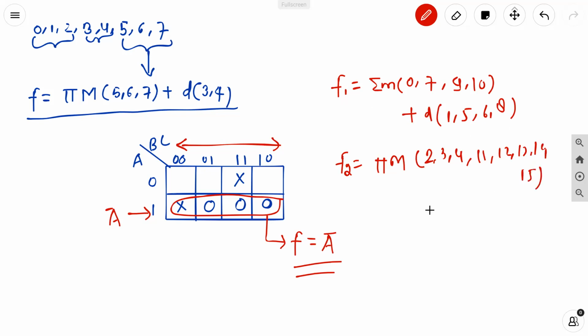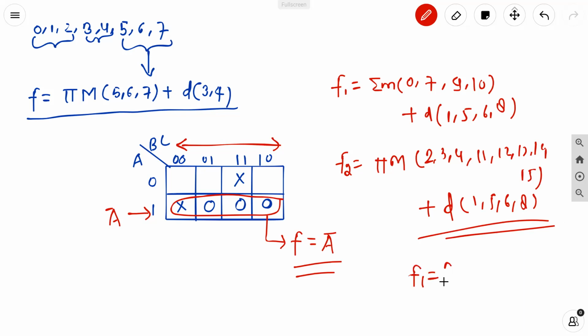These terms will be covered under the max terms, and the don't cares are the same: 1, 5, 6 and 8.